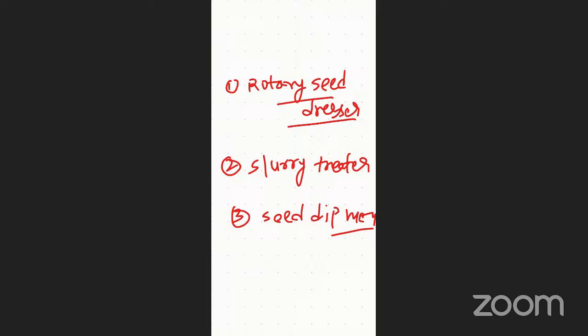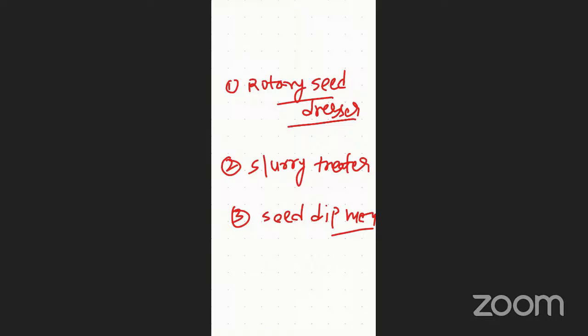Next, in this treatment we can use physical factors also, given on page number 46. In an examination, if they ask about the seed treatment process, you just write some of the chemicals and also include the physical factors.